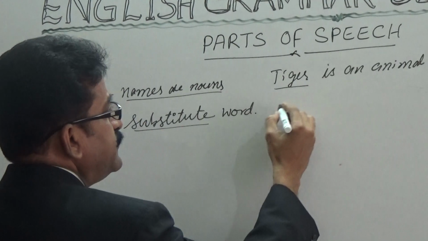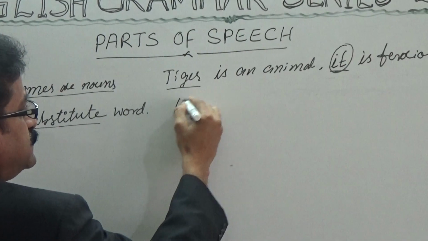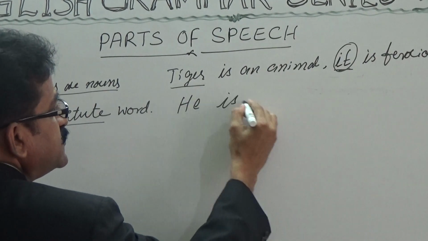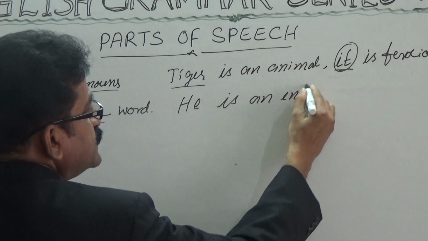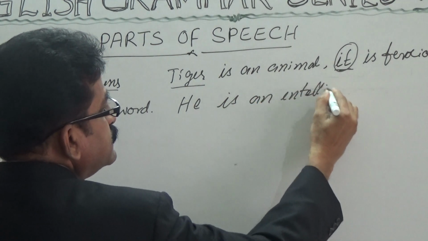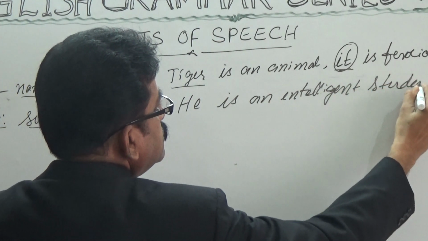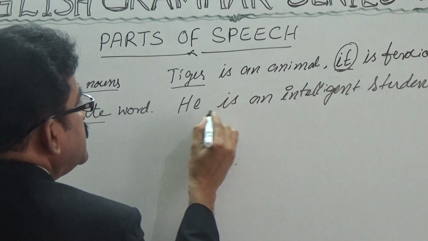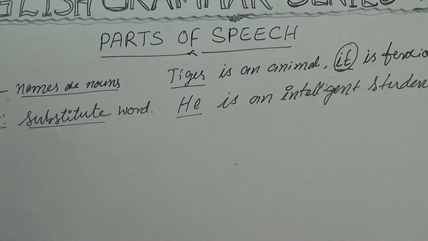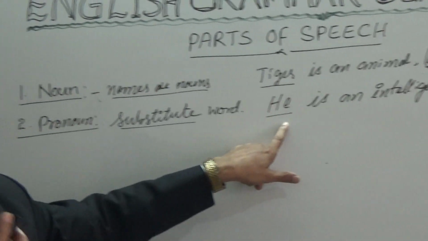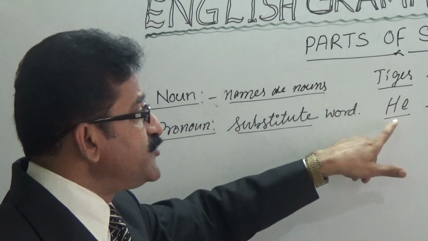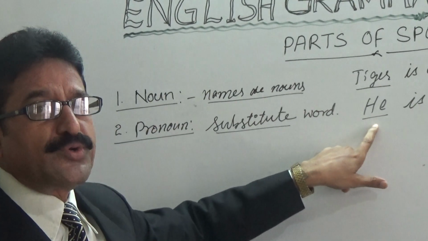For example, he is an intelligent student. See here, we used "he". Instead of using the name of that particular person, we are using "he". This is called a pronoun.